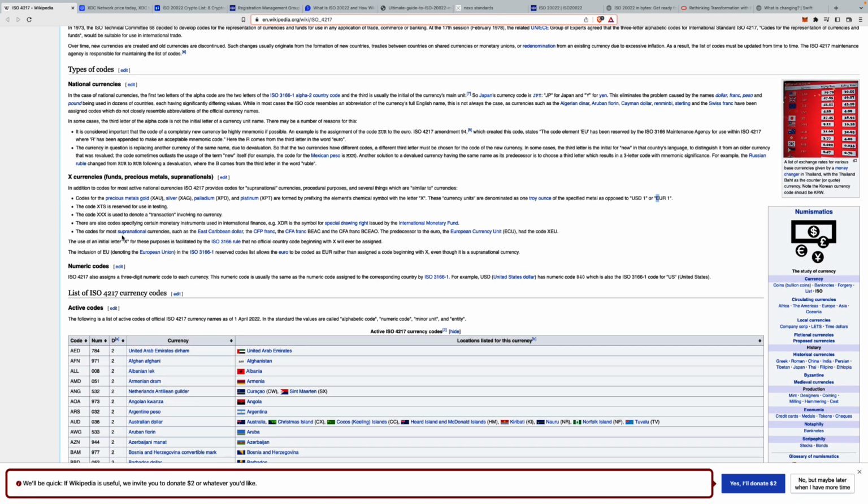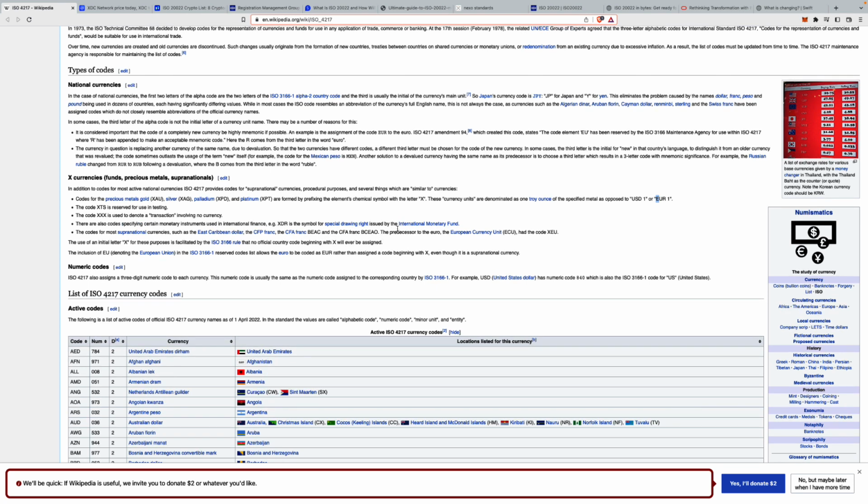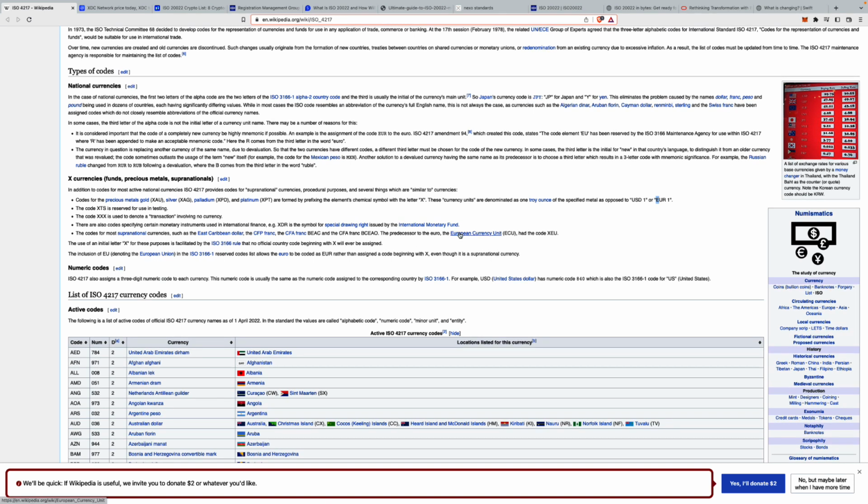The codes for most supranational currencies, such as the East Caribbean dollar, the CFP franc, the CFA franc BEAC, and the CFA franc BCEAO, the predecessor to the euro, the European Currency Unit, the ECU. Remember the ECU deutschmark? That seems like what they were trying to get at with this.